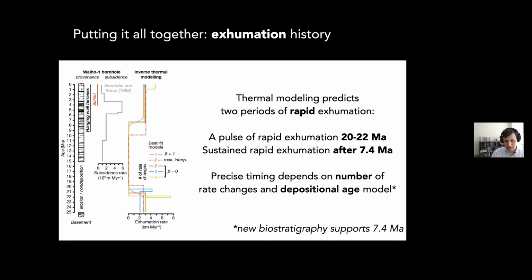It appears that there was a short period of high exhumation rates, and that is constrained essentially by fitting the lowest 3 or 4 samples of our data set, basically fitting what exhumation rates would have been required to create those ages. It's not as well constrained as the 7.4 million year change, and consequently, there's a little bit more uncertainty in the timing.